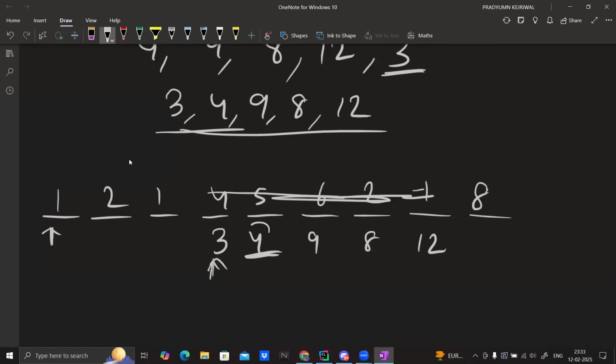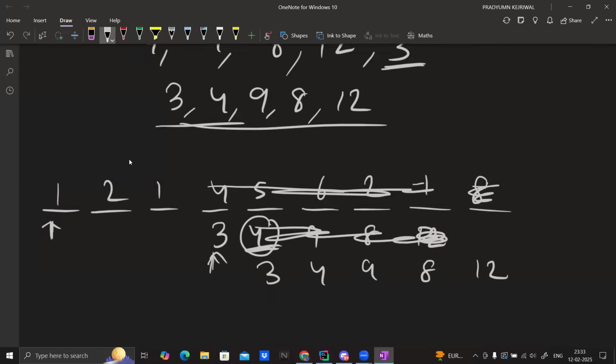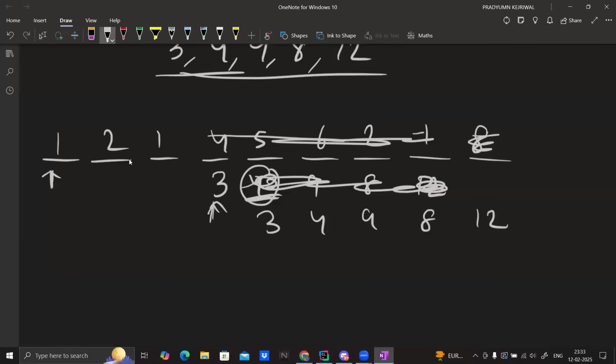So we'll definitely keep applying the operations as we can. So we'll apply 3, 4, 9, 8, and 12 again, and these numbers get erased, and this 8 also gets erased. Right? So finally the answer becomes 1, 2, 1, 3, 3, 4, 9, 8, and 12.